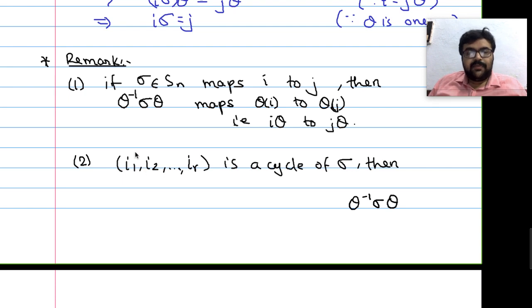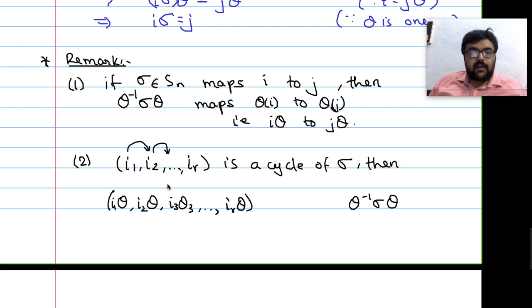What will be the effect? If I1 goes to I2 in sigma, then theta inverse sigma theta will map theta I1 to theta I2. If I2 goes to I3 under sigma, then it will map theta I2 to theta I3, and so on, theta IR. So even if we don't write this, it is fine.